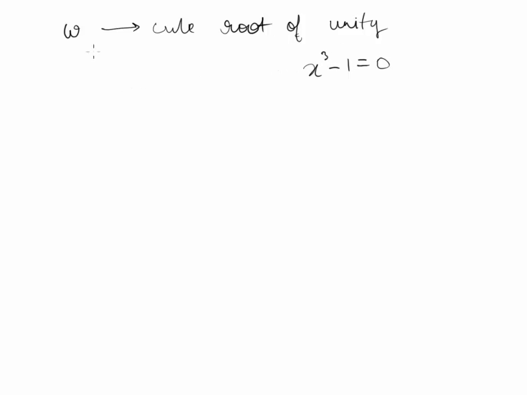And we are given a matrix A, which is a 2 cross 2 matrix. It looks something like this: omega, omega, and then 0 here and 0 here. As you can see, it's a 2 cross 2 square matrix, which also happens to be a diagonal matrix, and we have to calculate A raised to the power 70.